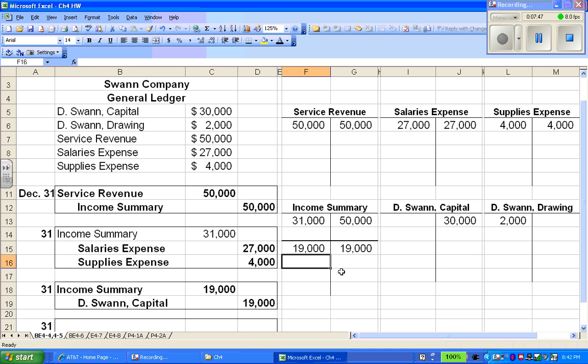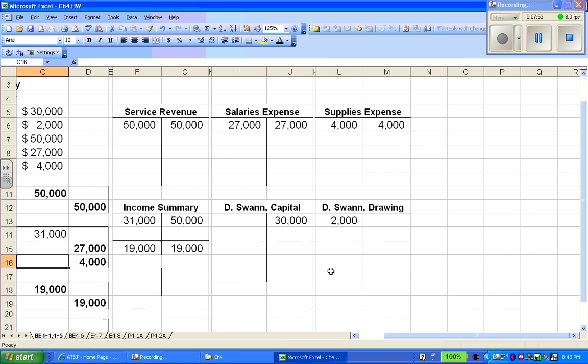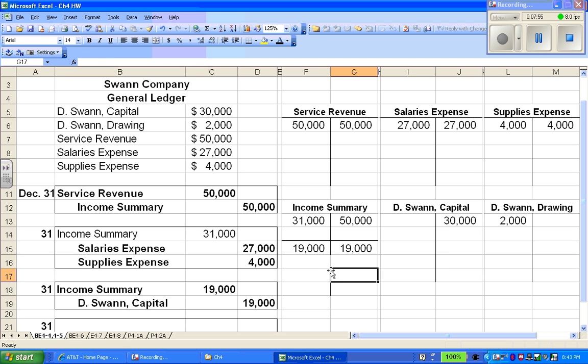So this is step 3 where I zero out the income summary account. And then what I want to do is in the capital account reflect that credit of 19,000. Okay, so we have that posted.